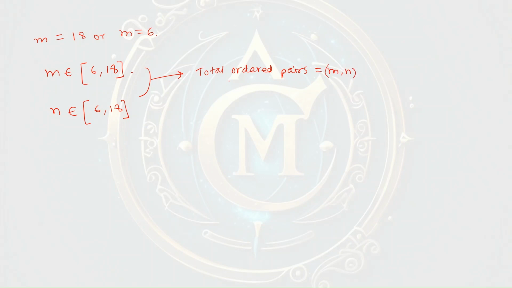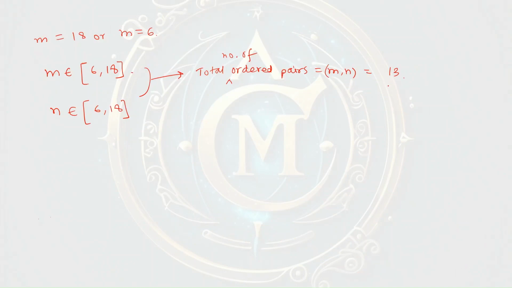The total number of ordered pairs will be the total integer values of m, that are 13 in number. You can count them, so it will be 13, and we can calculate the probability.